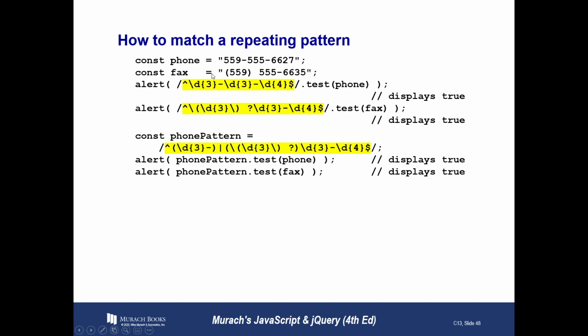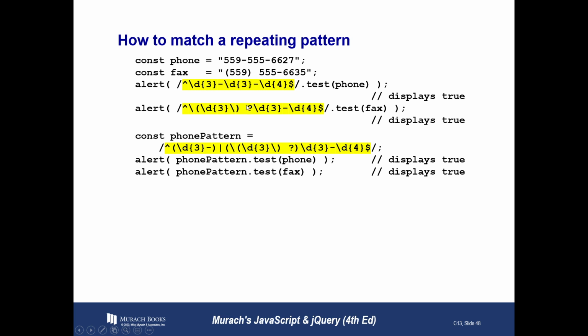Now, for the facts, we have brackets, so we need to escape the bracket because otherwise it will think of it as a group. We don't want a group, we want to actually match a bracket. So slash bracket, okay, at the beginning of the string, and then a digit 3 times, and then another closing bracket, and then a space.